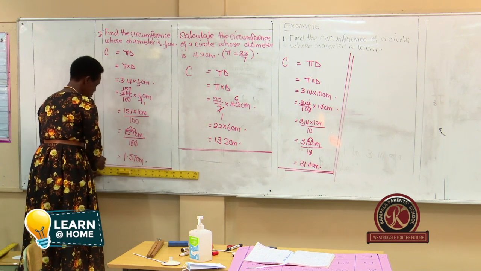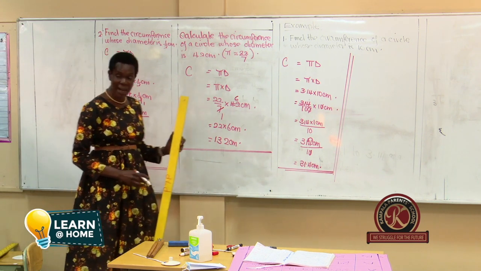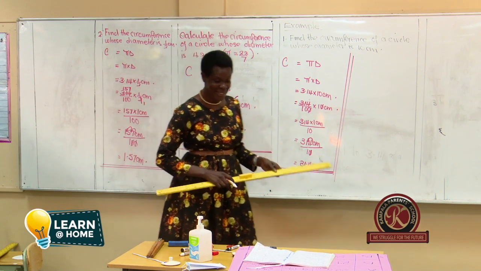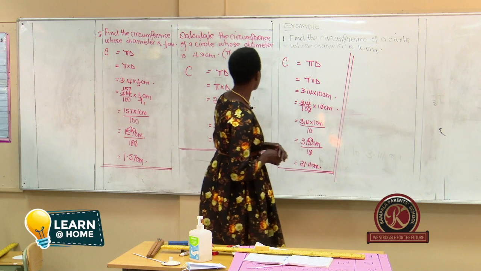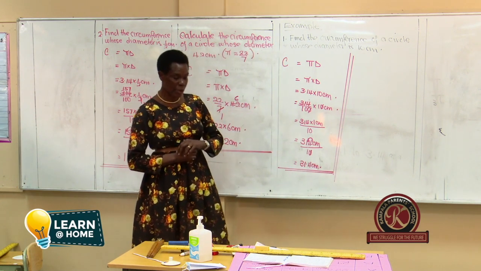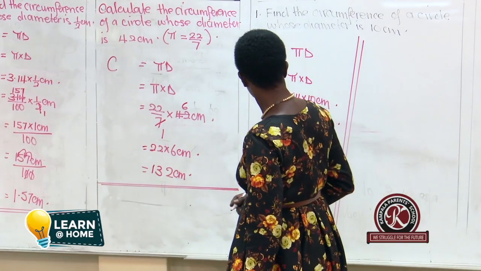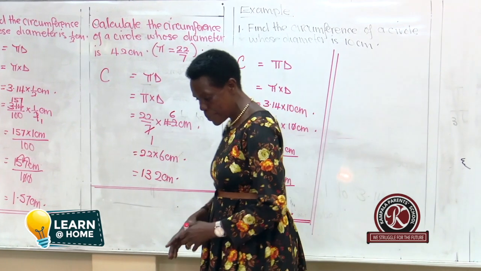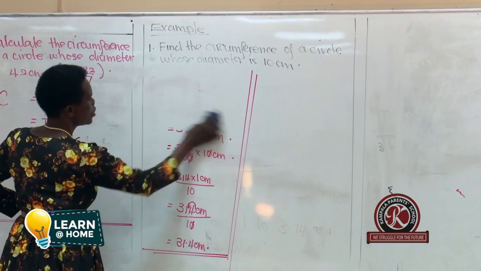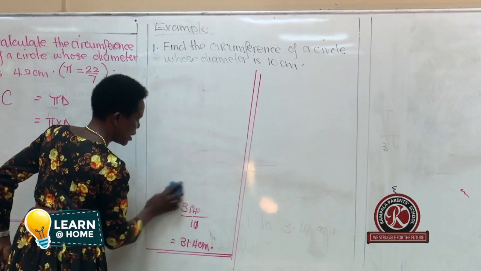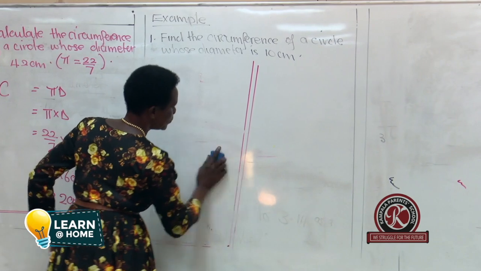I believe maybe some of you are saying, teacher, you have not underlined your work, but I've done it. So now, after giving you this, I want to leave you with some work. I'm going to wrap the first example so that I'm able to write for you the work.